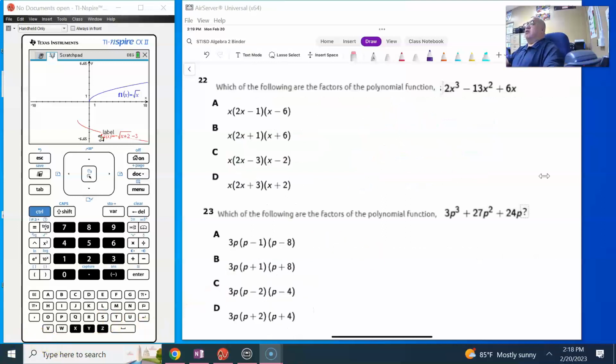Which of the following are factors of the polynomial? So we have 2x to the third power minus 13x squared plus 6x. And what you're going to do is find the greatest common factor. In this case, it's 2x. So we're left with x squared minus 13x plus 3.